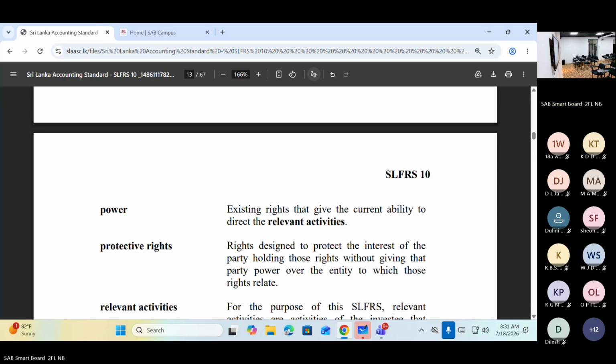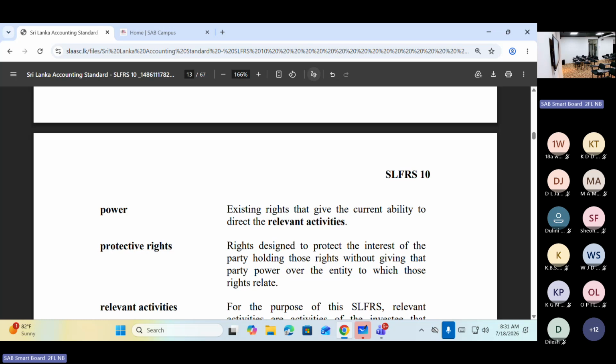Third, the consolidated statement of cash flows. Then the consolidated statement of changes in equity.